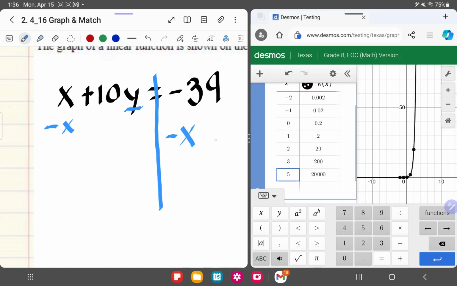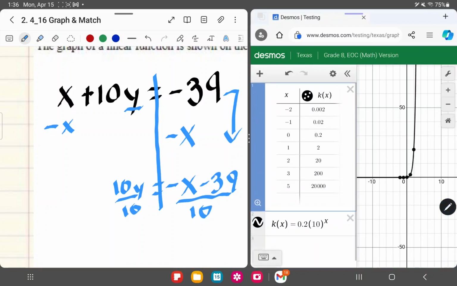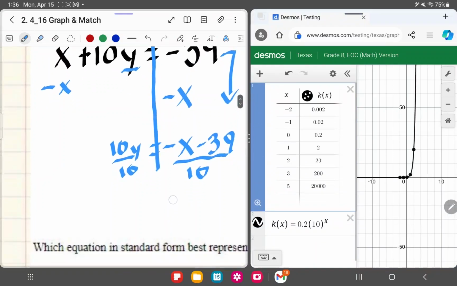So I'm going to move this x first to the other side. Now, the 39 and the x, they're different terms, so they're not like terms. So I'm going to go ahead and just put them right next to each other. I cannot combine them. And then over here, I'm just going to bring down the 10y. Once I'm at this point, I'm going to divide both sides by 10. Pretty easy.